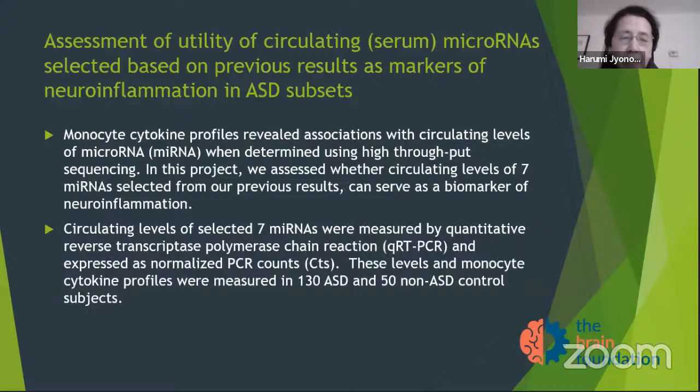I'm involved in newborn screening kits in New Jersey, so I'm used to this kind of expression of RT-PCR results. And essentially we used 130 ASD subjects and 50 non-ASD controls.